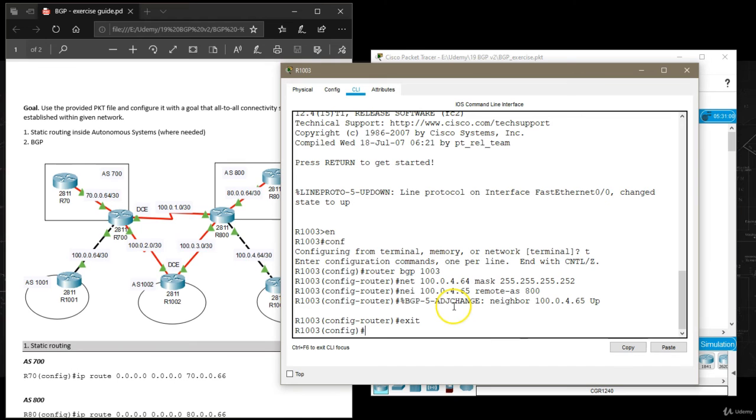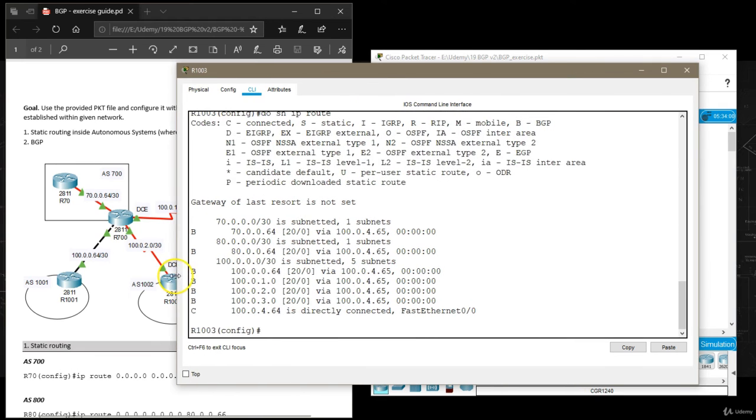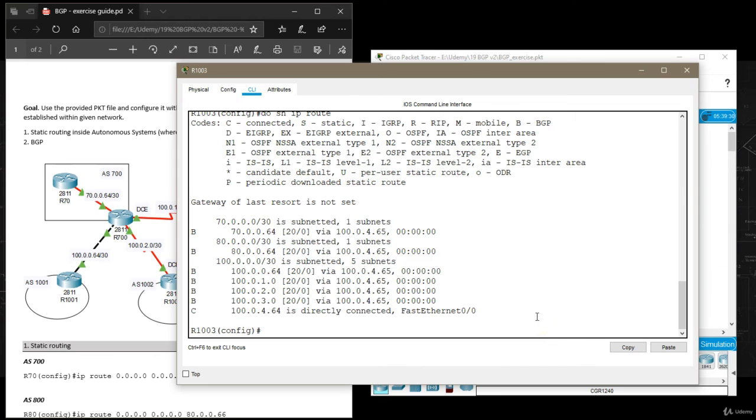I'm going to say do show ip route. And we can see all the routes that exist in our topology. That's a good sign. Let's try to ping this router right here. I'm going to say do ping 70.0.0.65 probably.